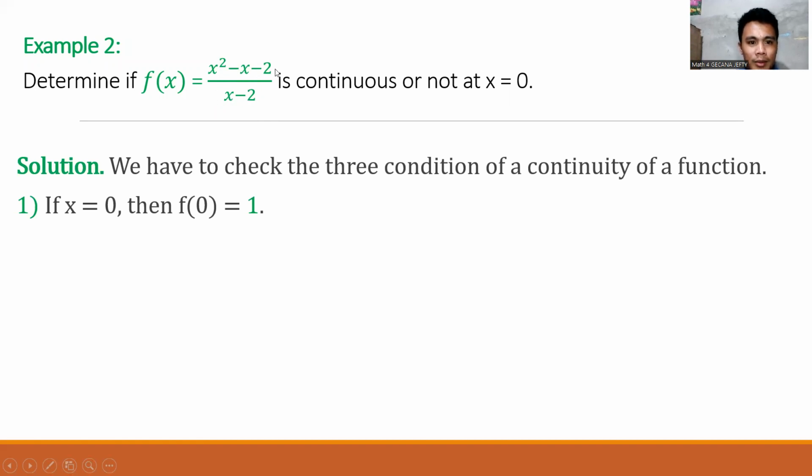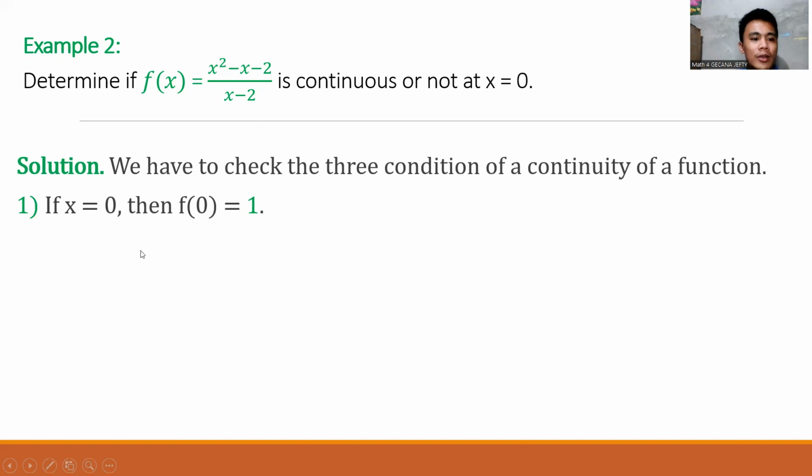So we have negative 2 over negative 2, and negative 2 divided by negative 2 gives positive 1. So f of x at x equals 0 is 1, so we can say that f of c is defined.